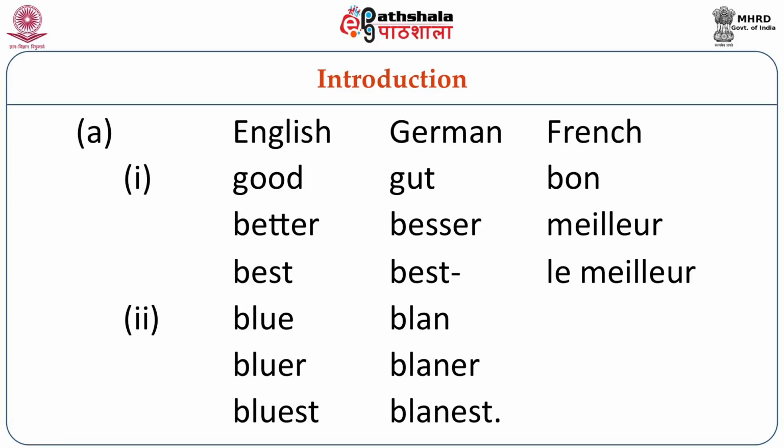In French also we have a similar but definitely somewhat different pattern: bon, meilleur, le meilleur. The way the degree forms are obtained is quite different in French compared to English and German. So English and German have shared aberrances, which in a way is a strong indication that they belong to the same group.